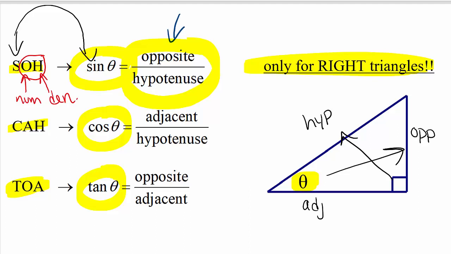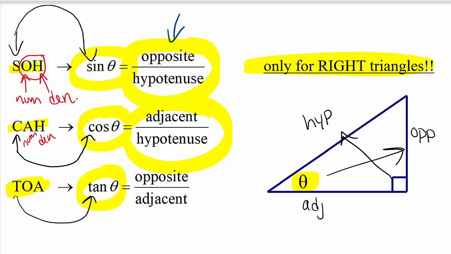For cosine, the C here represents the C in cosine. Then we have our numerator and denominator. So we have adjacent over hypotenuse. Then we have tan, so the T represents the tan.